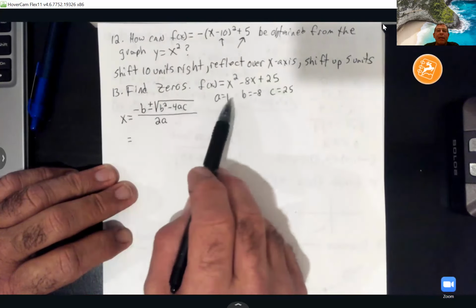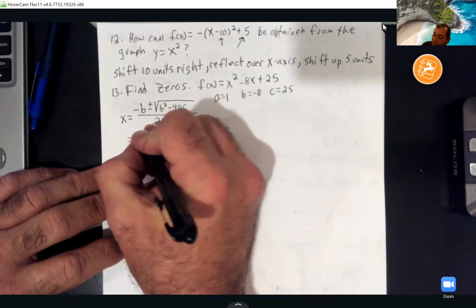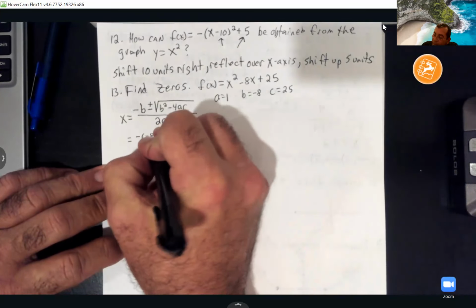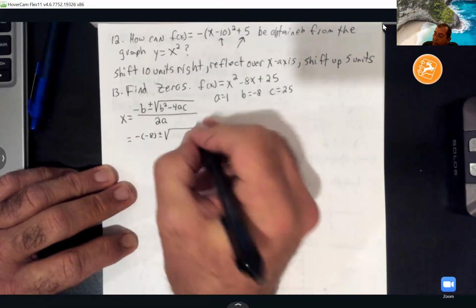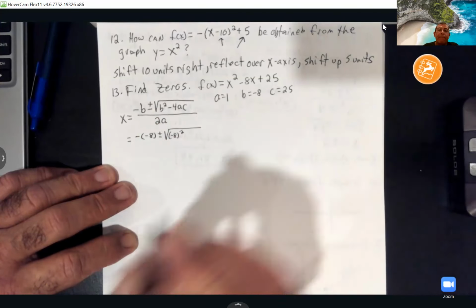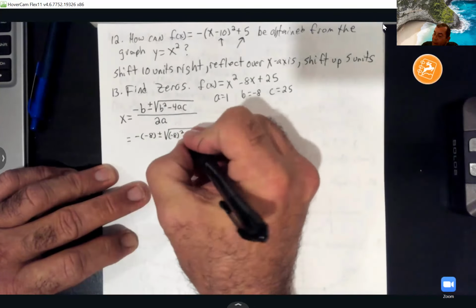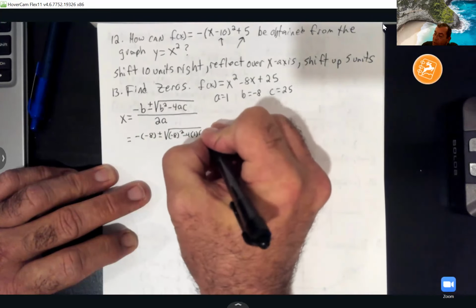So negative b will be a -8 plus or minus b squared will be -8 squared minus 4 times a is 1 and c, which is 25.